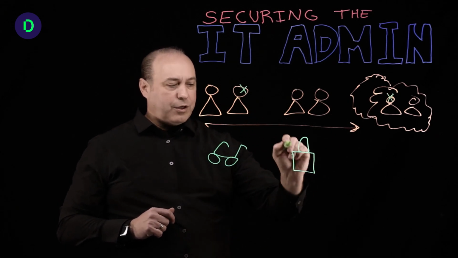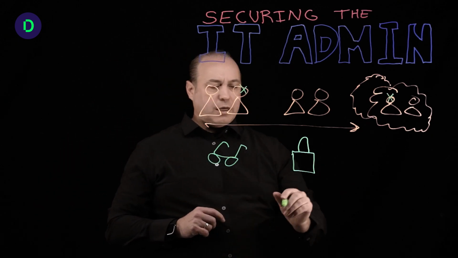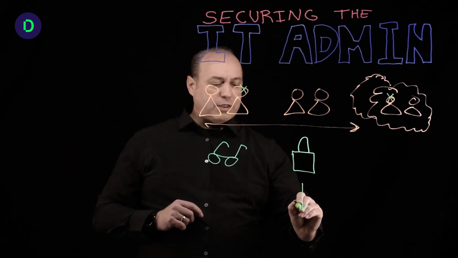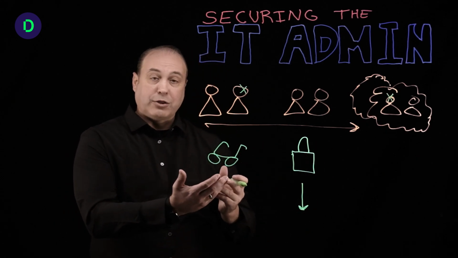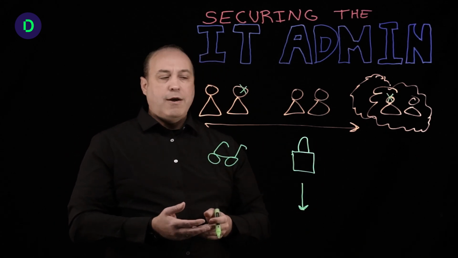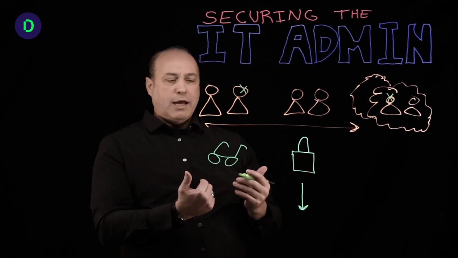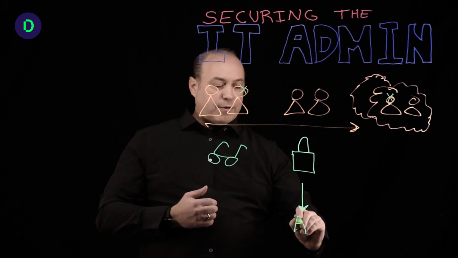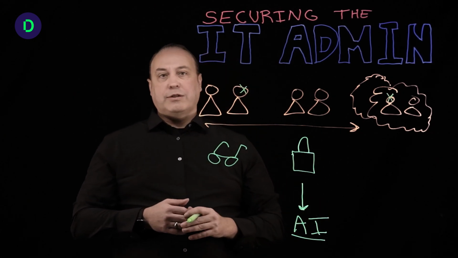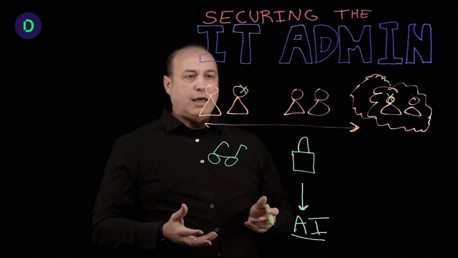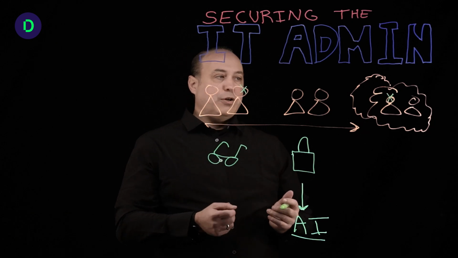Now we can start securing these admins, and we can do that using vaulting, putting their credentials in a vault, having them check out those credentials, multi-factor authentication. Now we can monitor sessions, record sessions for playback, and we can use artificial intelligence, AI, to scan those sessions and look for anomalies, look for a potentially compromised admin in a session where they're doing something they shouldn't.